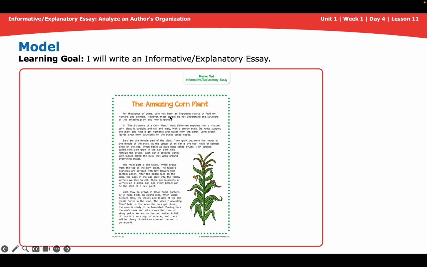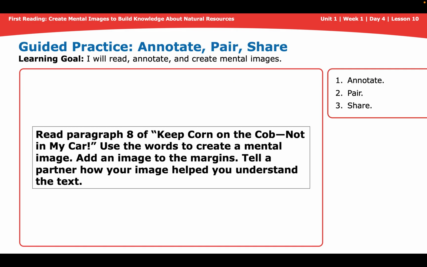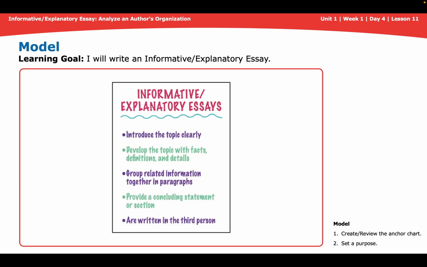So it started with the introduction, sources, and just the overall structure of the plant. Then it moved to the female part of the plant, then the male part. And then we come to the conclusion where we wrap everything up. So I organized each paragraph into related information.